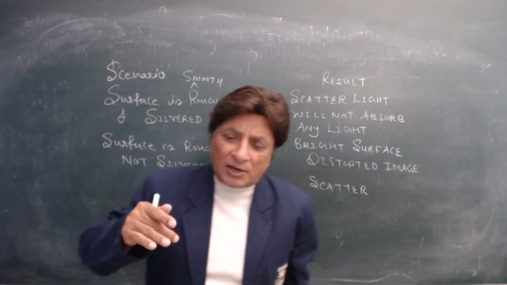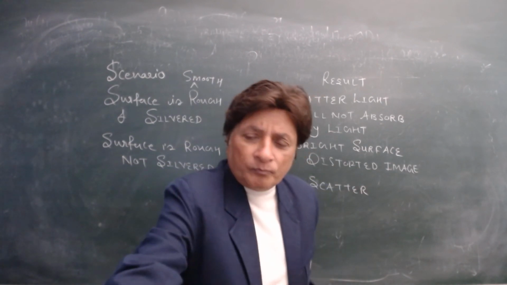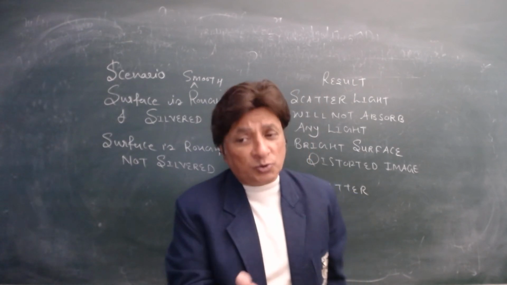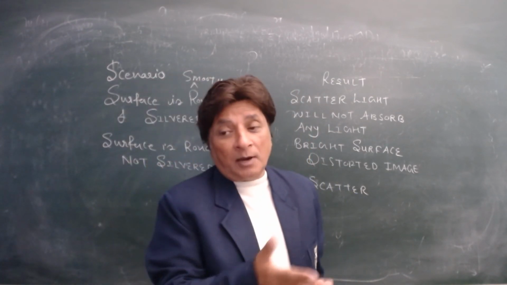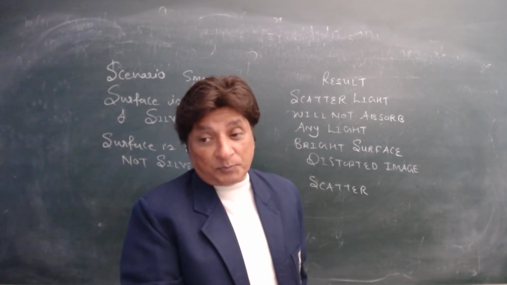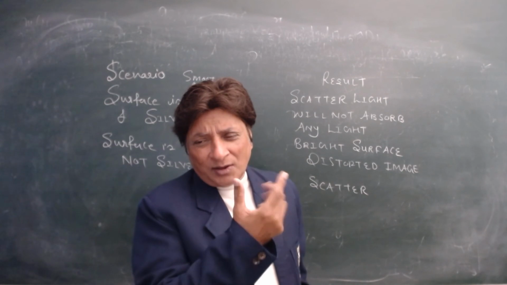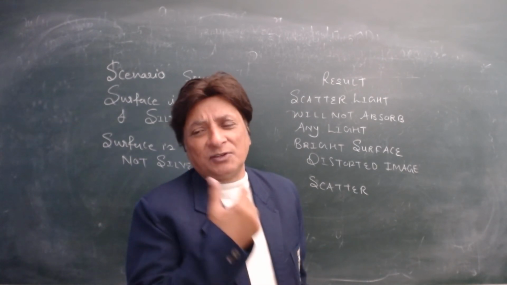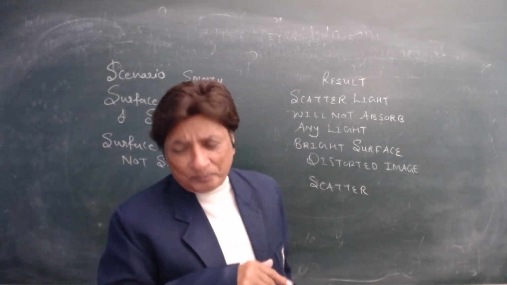Before coming to the class you must revise these topics, but we don't have that habit. So when we go to class without revision and the teacher is giving different concepts, then comes the question: if the surface is rough, smooth, silvered rough, silvered smooth, and not silvered, then what happens?